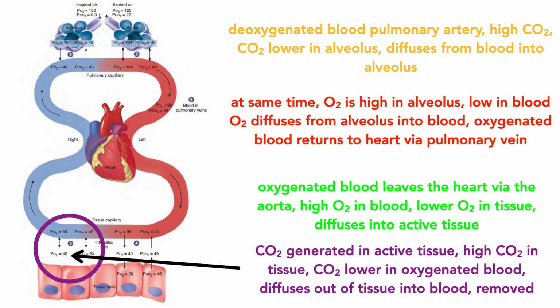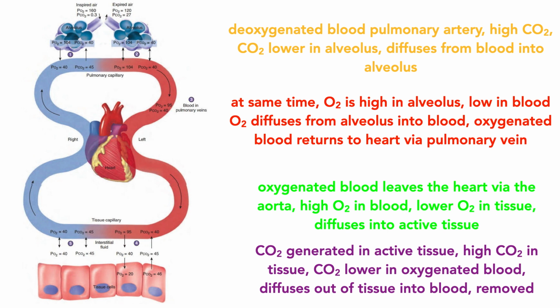They'll exceed the CO2 level in the blood, and the CO2 will diffuse out of your tissue into the blood. So the blood is being depleted of oxygen, and it's being infused with CO2. And it will go back, and we'll repeat this cycle all over again.